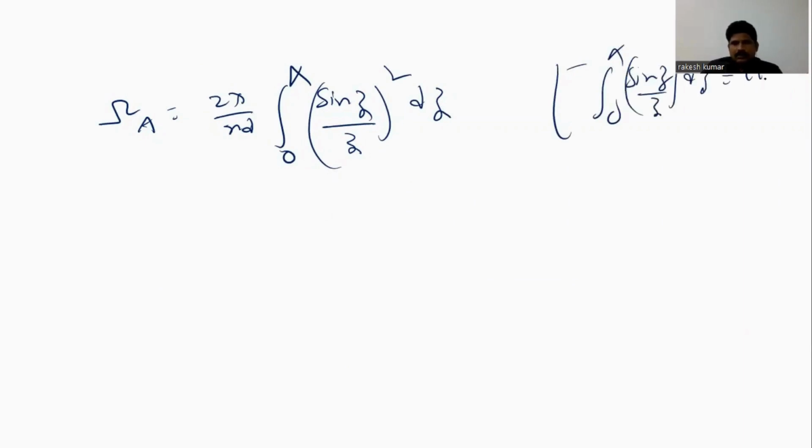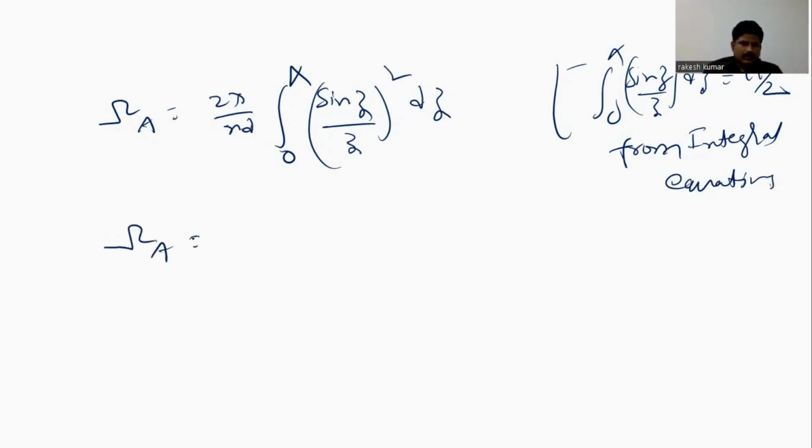The value of the integral from 0 to infinity of (sin z by z) whole square dz is equal to pi by 2, from the integral equation. Therefore sigma a is equal to 2 lambda by n d into pi by 2. The 2 gets cancelled, so it is equal to lambda pi by n. This is the value of sigma a.